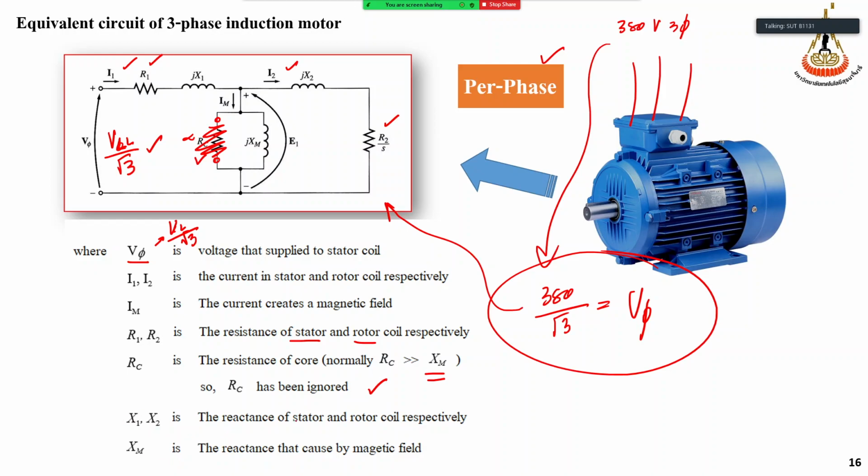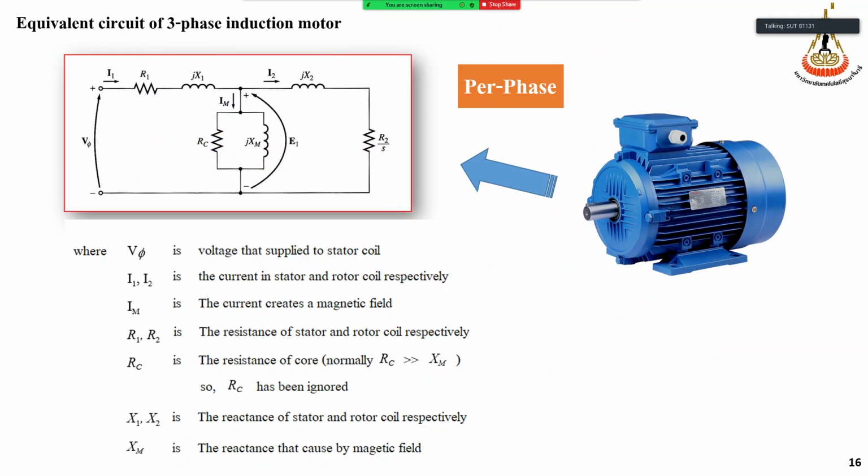X1 and X2 are the reactance of the stator and rotor. Xm is the reactance caused by the magnetic field. Or we can separate this part into two values of resistance.